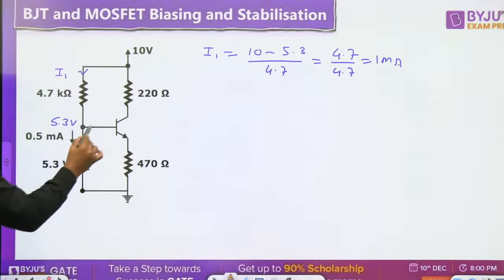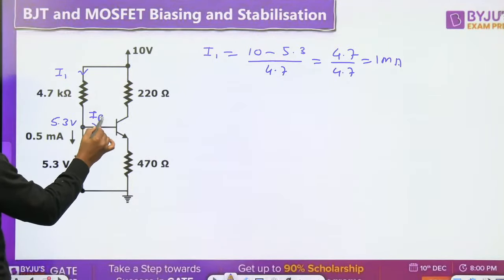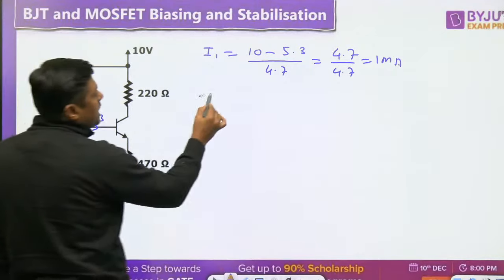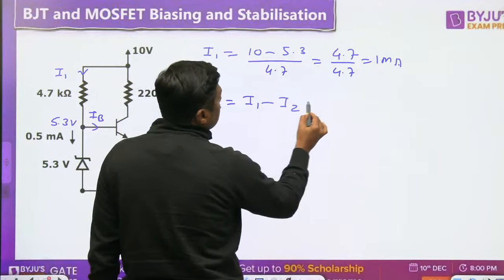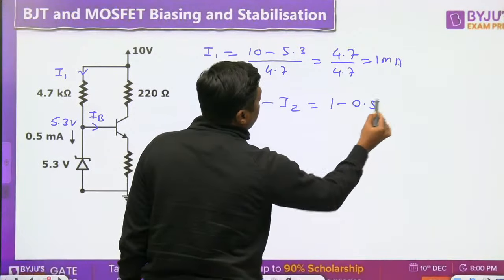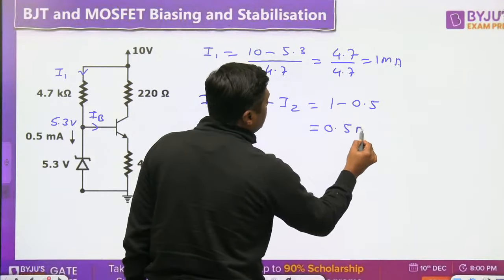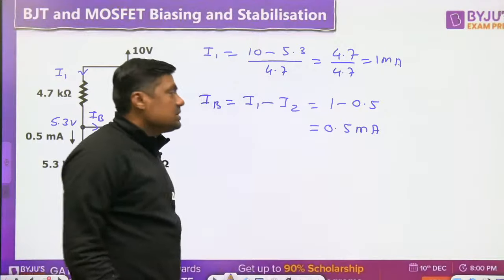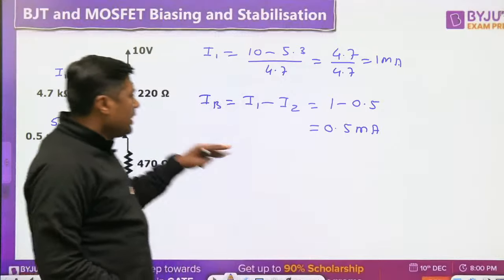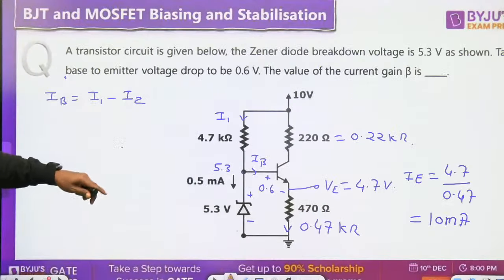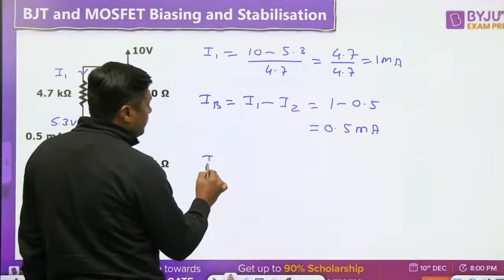From 1 milliampere subtract 0.5. What is the IB? I1 minus IZ, that is 1 minus 0.5, that is 0.5 milliampere. This is the value of IB. Once you get the value of IB, and the value of IE is 10 milliampere, what is the relation between IE and IB?